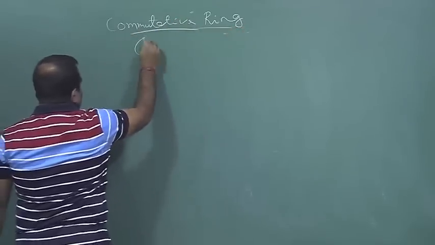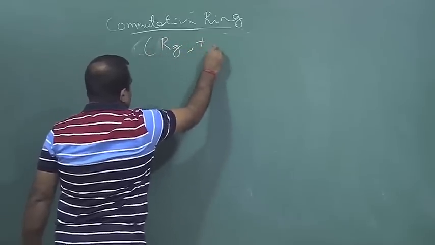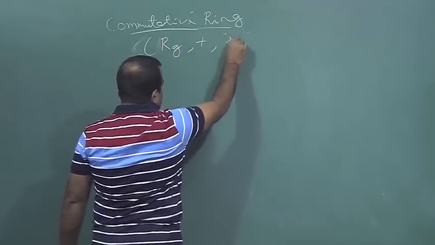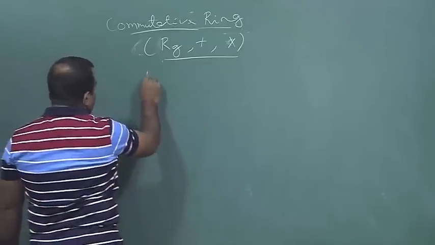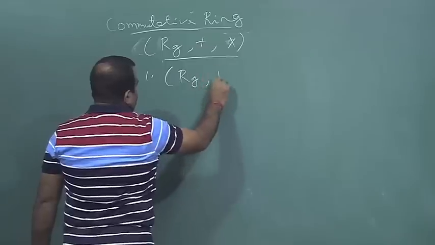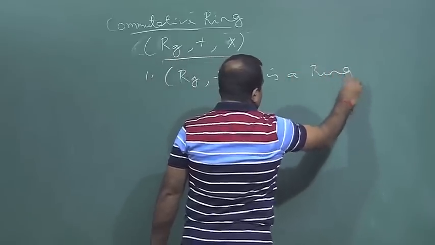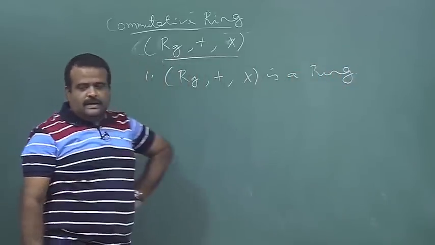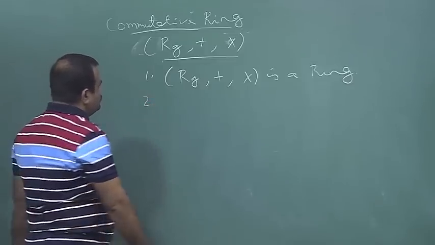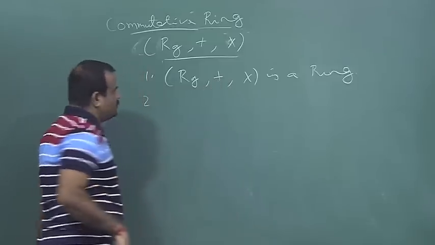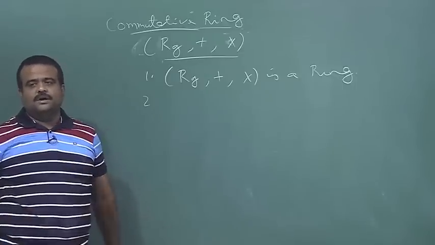First of all, this R has to be a ring, and we know a ring is already commutative under plus. Now commutative means it must again be commutative under this multiplicative sense.